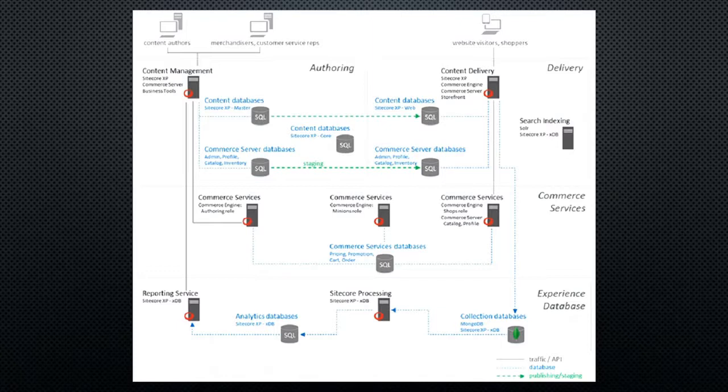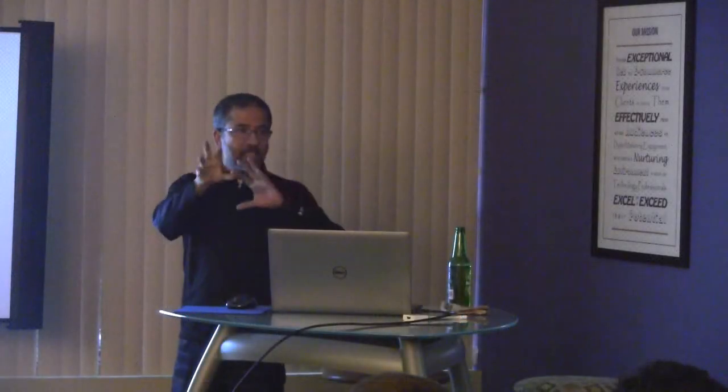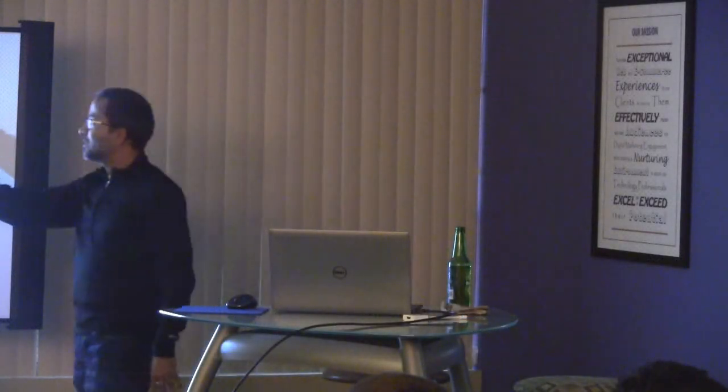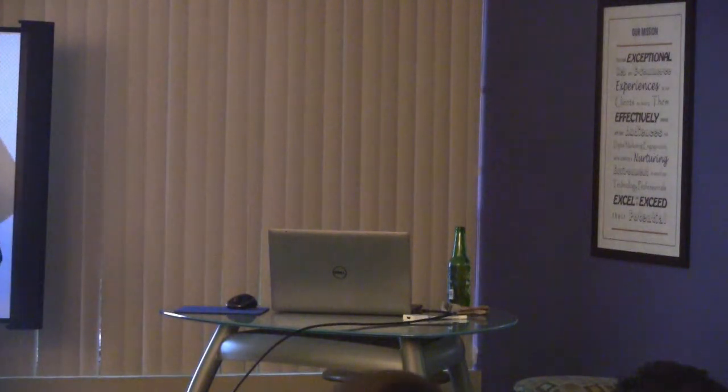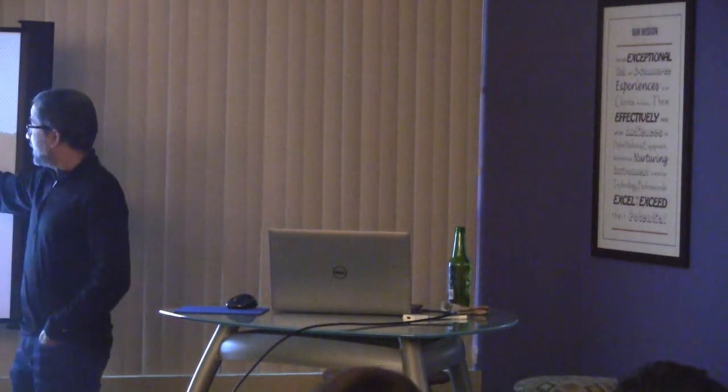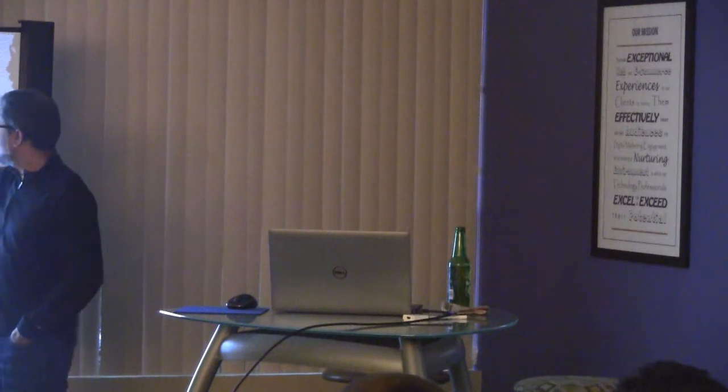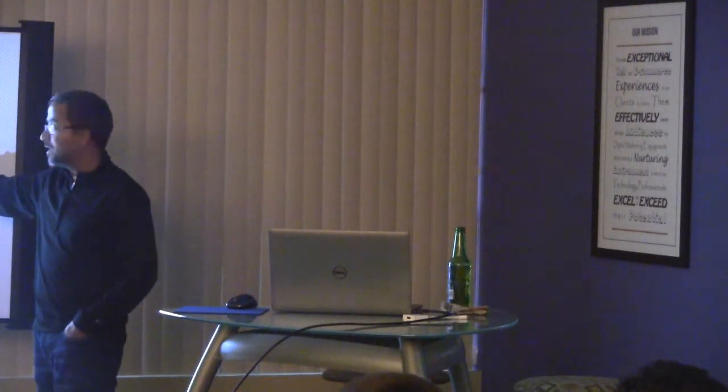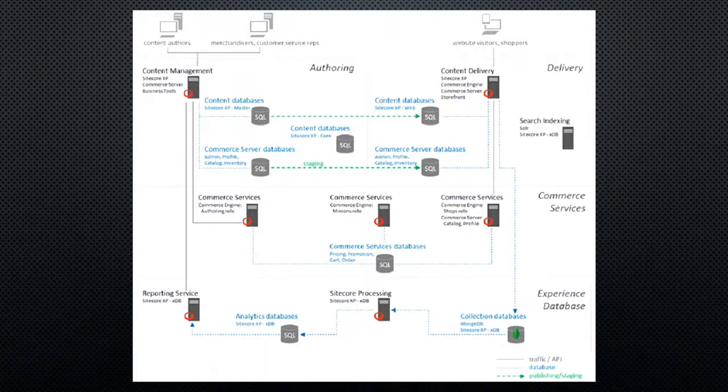So commerce administration or authoring happens on the left side, which is your commerce server database here. All your merchandising, price, promotion, all those things live there. Delivery is where your storefront is, and there you read data or do the shopping.